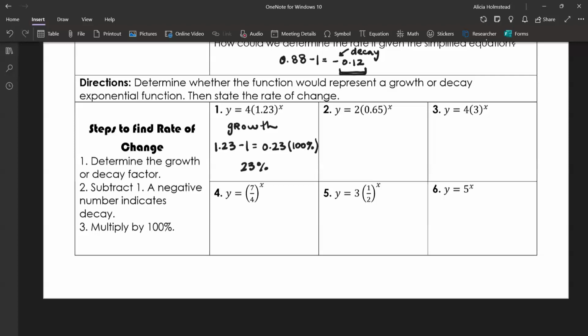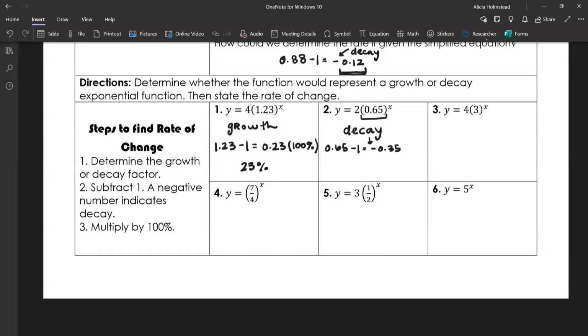Awesome. Let's look at number 2. So again, growth or decay. Well, that number that's the base of our exponential is smaller than 1, so this is decay. Now to find our rate, we take our decay factor, which is 0.65. Subtract 1, which gives us negative 0.35. Now, why do we get a negative? Well, it's because it's decay, right?